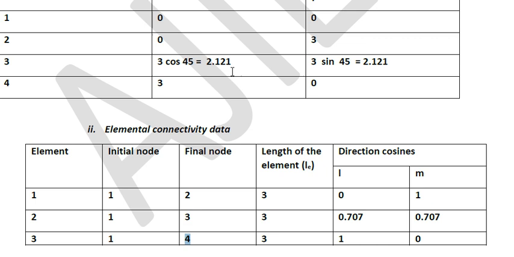For the x component, final minus initial divided by length is 1. For y, 0 minus 0 divided by length is 0. This is the direction cosines L and M for all three elements, from the element connectivity data.